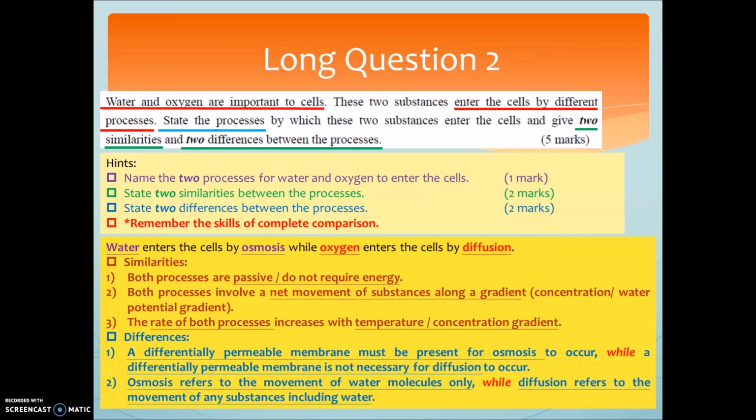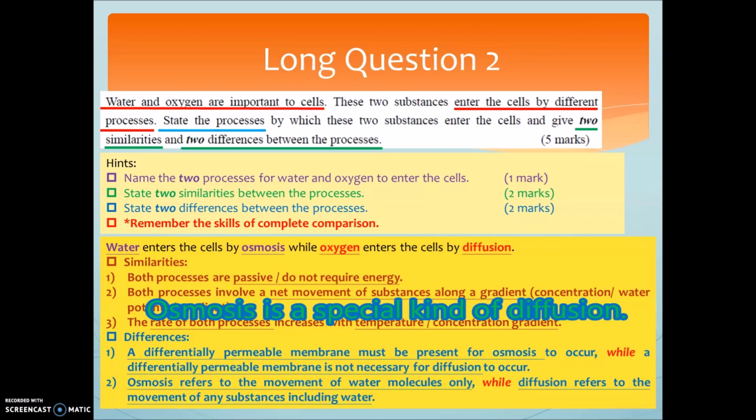And the second difference is that osmosis refers to the movement of water molecules only, but diffusion refers to the movement of any substance including water. So remember what we highlighted in the book before: osmosis is a special kind of diffusion.